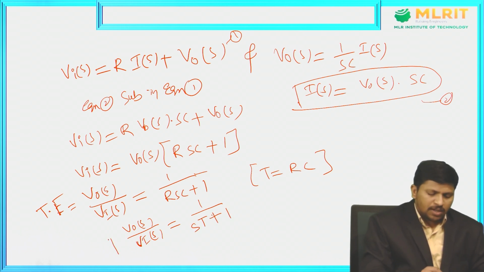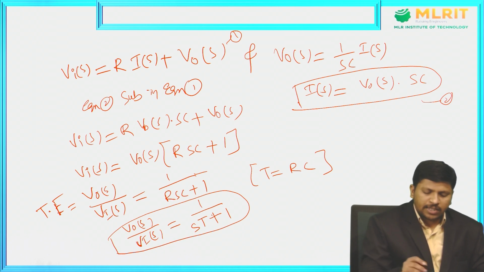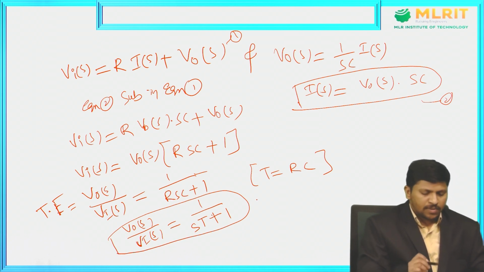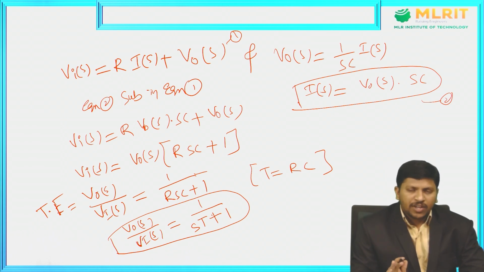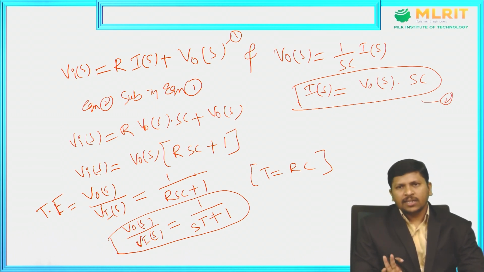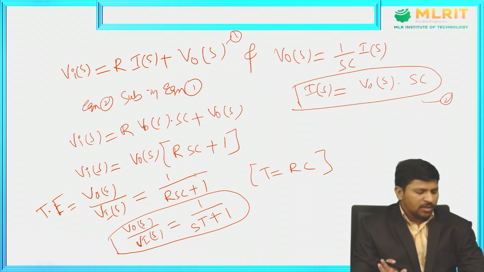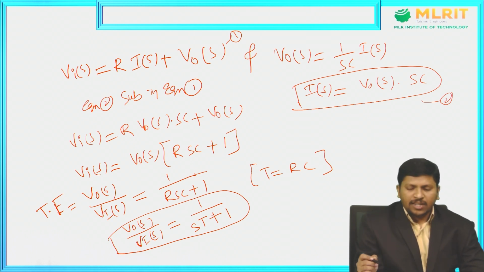This is the transfer function of the given electrical system. This is one of the example problems. Like that, we can calculate for any electrical system by using KVL, Kirchhoff voltage law, or Kirchhoff current law, the two mesh laws. From that, we calculate the transfer function in the S domain. In the same way we do the remaining problems also.